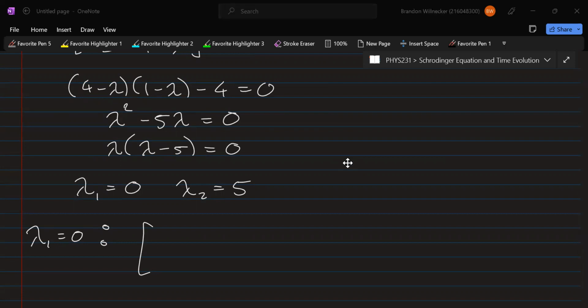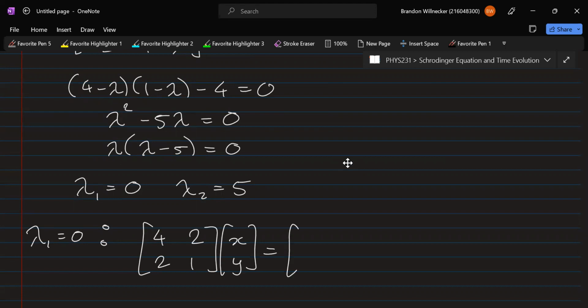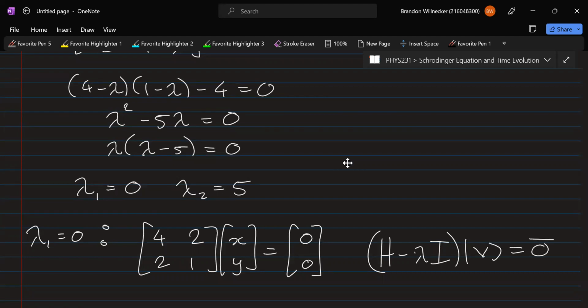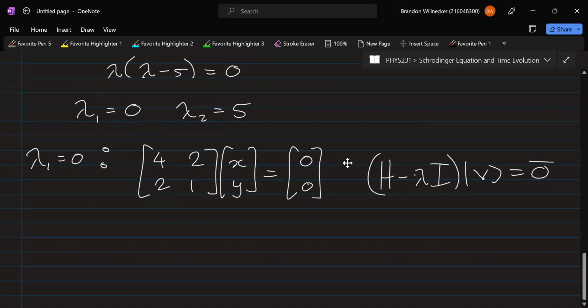Once we take everything over to one side, we have 4, 2, 2, 1 times some x, y we don't know, is equal to 0, 0. That's the eigenvector equation with the right-hand side taken over to the other side. So this was H minus lambda I times v is equal to 0.